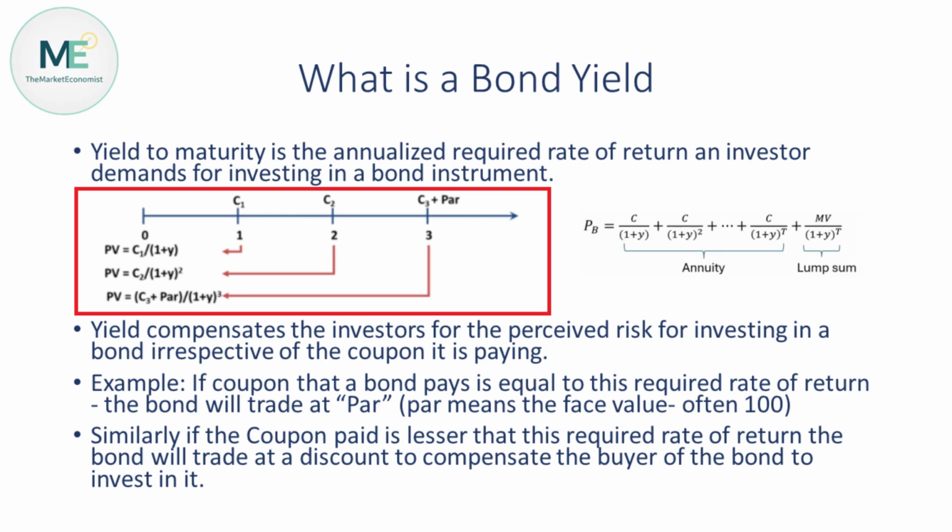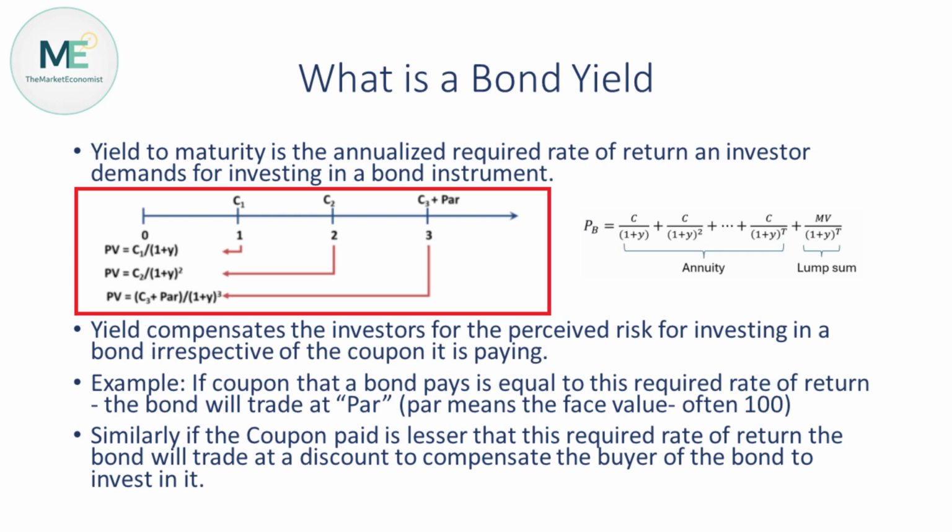So you're discounting each of these. The bond would be trading at a certain market price, and the discount rate that equates these cash flows to the current market price gives a certain y percentage. That y is nothing but the yield to maturity.